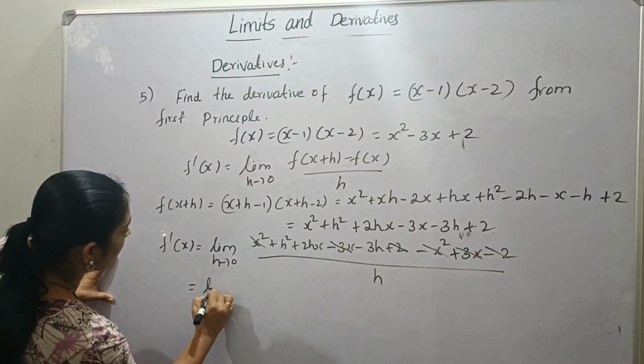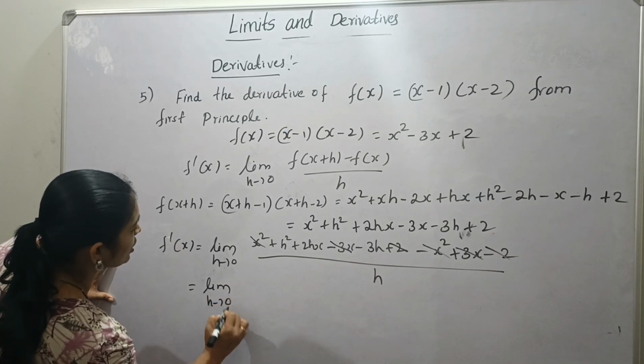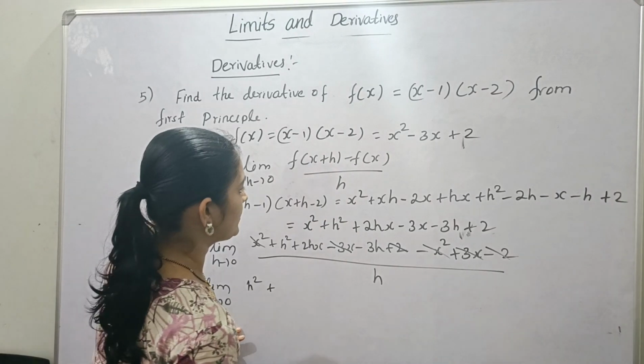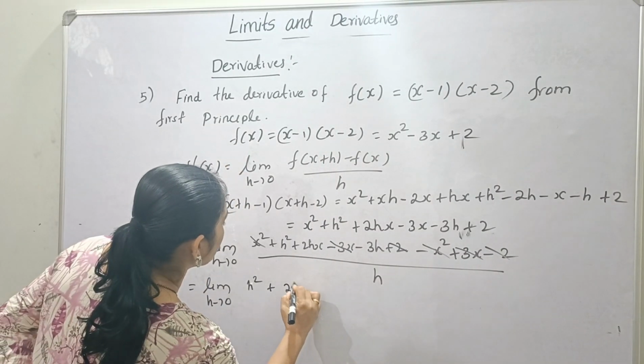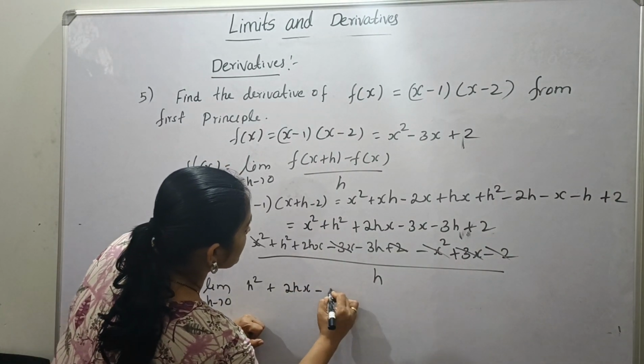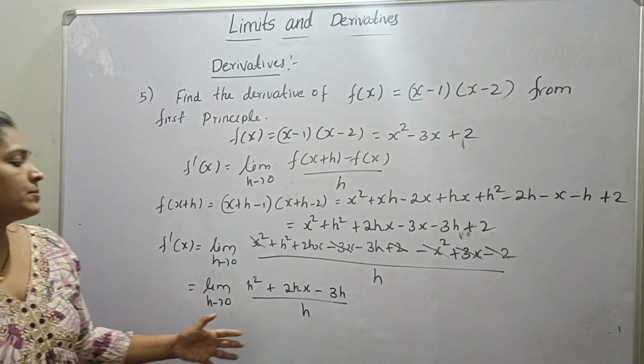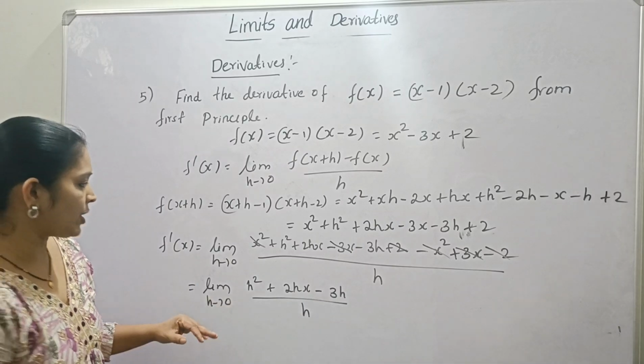So remaining limit h tends to 0, h square plus 2hx minus 3h divided by h. See, in all the three terms h is common, so let us take it out.